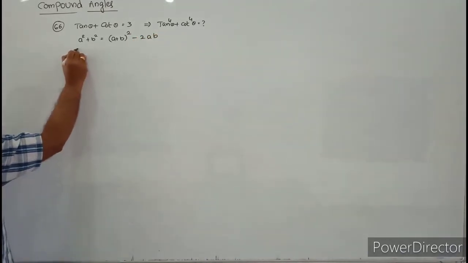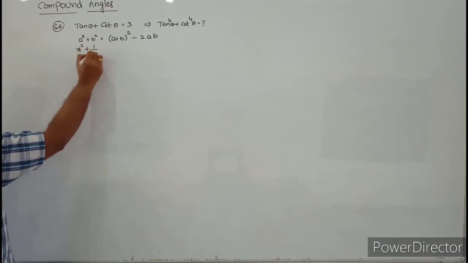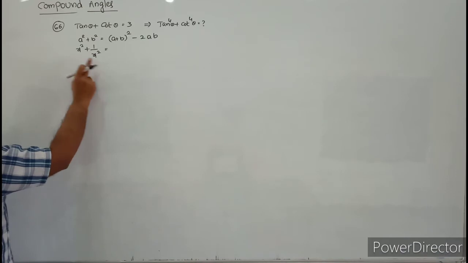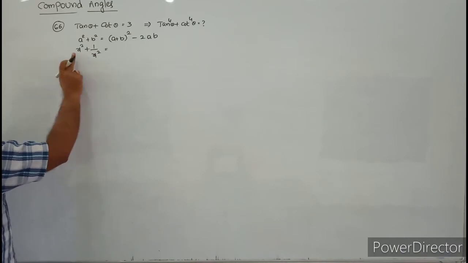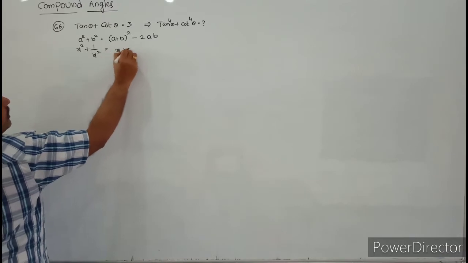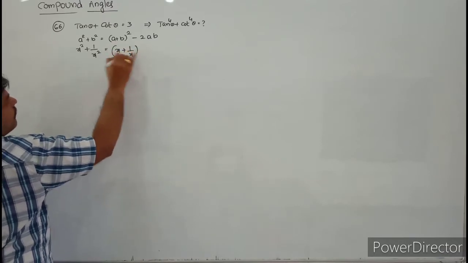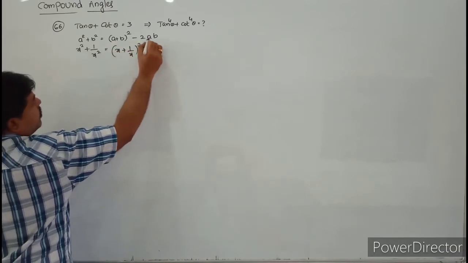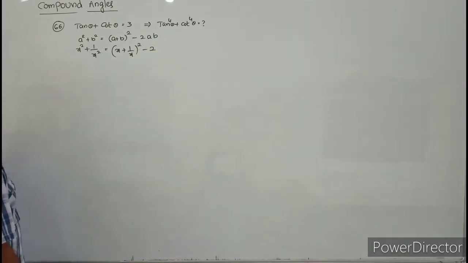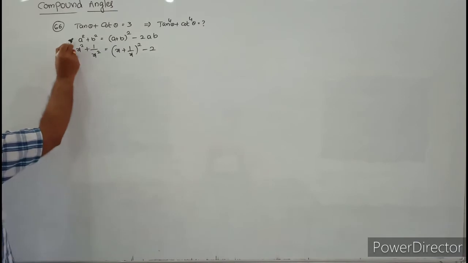So if you see x square plus 1 by x square, one is the reciprocal of the second one. In that case, what happens? X plus 1 by x whole square minus 2 into x into 1 by x, which becomes 1. So it becomes x plus 1 by x whole square minus 2.